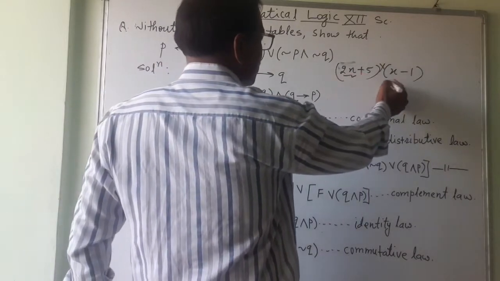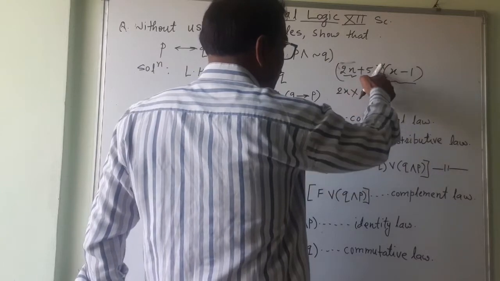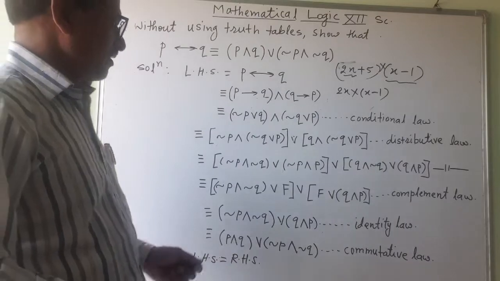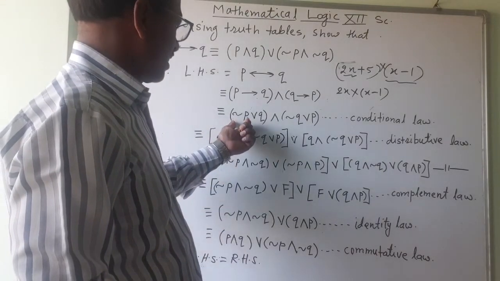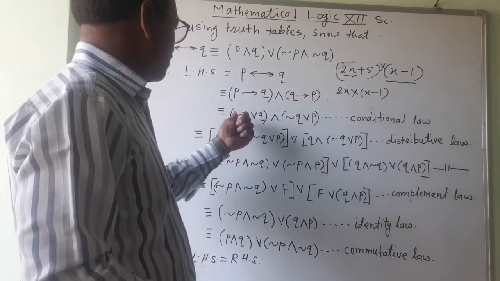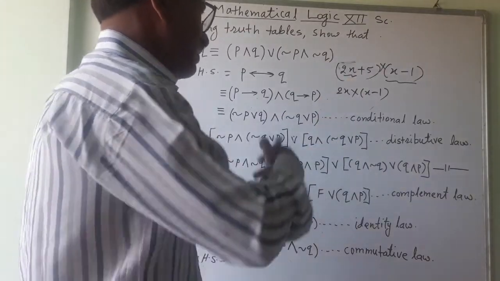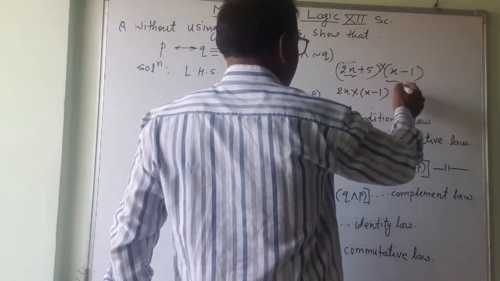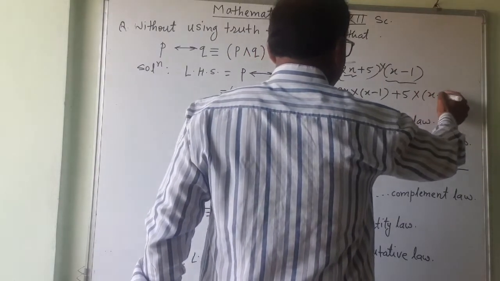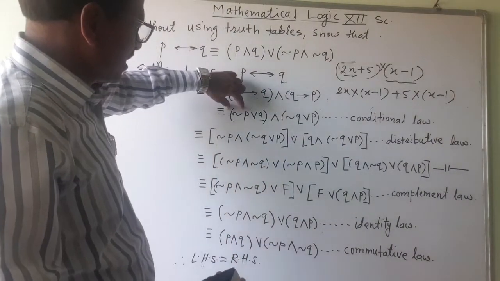These 2x will be distributed on this, means 2x into x minus 1. See here, negation P into, like that, means 2x and this bracket. Then next what I take? Plus 5 into x minus 1. So this and this bracket.